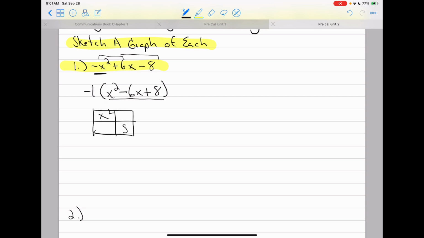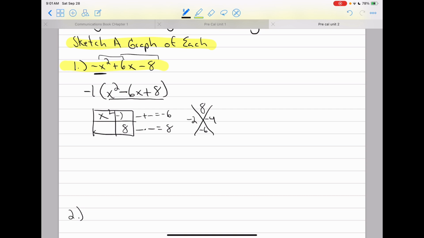For x squared minus 6x plus 8, blank plus blank needs to add to -6, and blank times blank needs to multiply to 8. I think I could do that. 2 times 4 is 8. -2 times -4 is positive 8, and -2 plus -4 is -6.